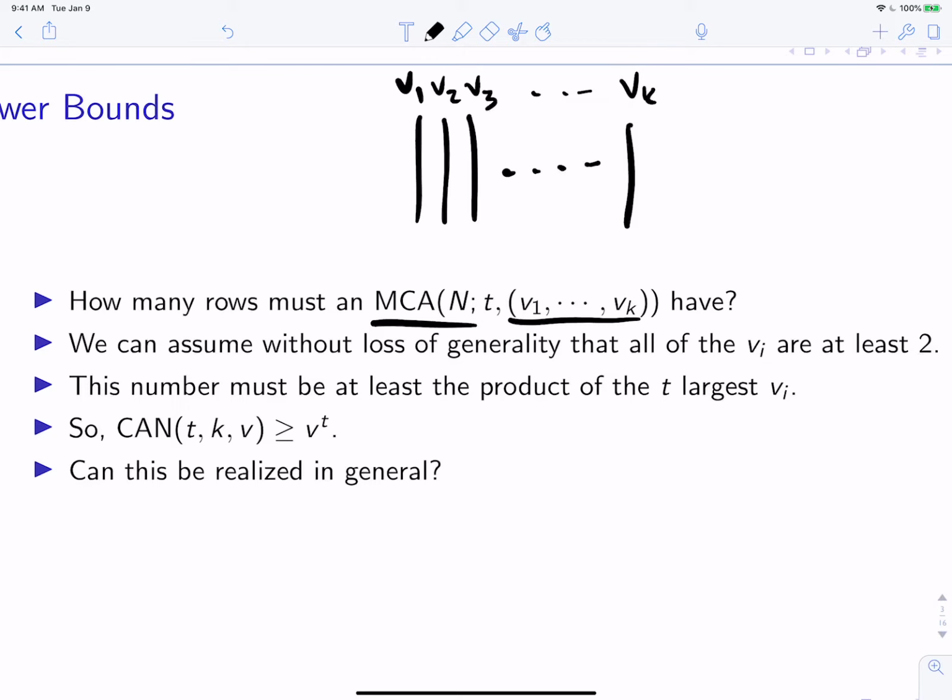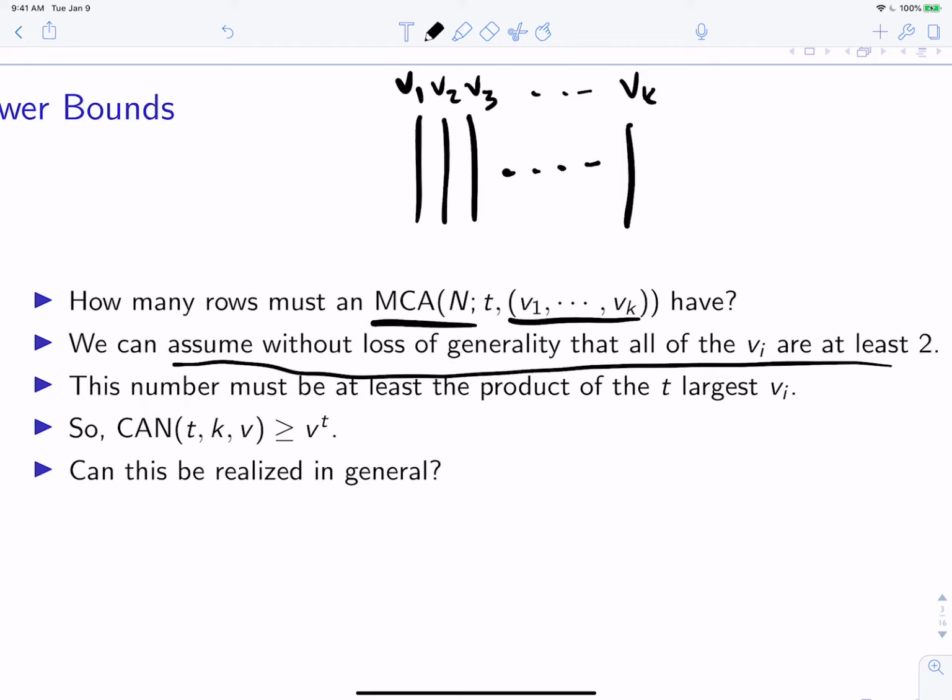Maybe we don't know which one's the largest, but let's just say we have this. Why can we assume that all of the vi are at least 2? Well, can any of the vi be 0? No, because we can't put a value there if there are no values allowed.